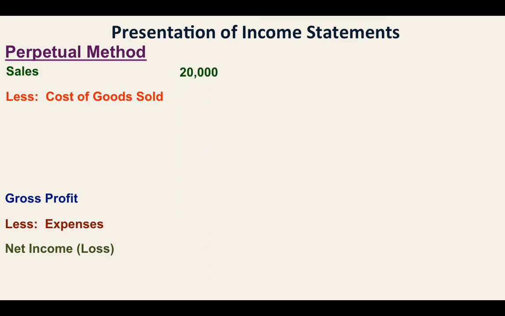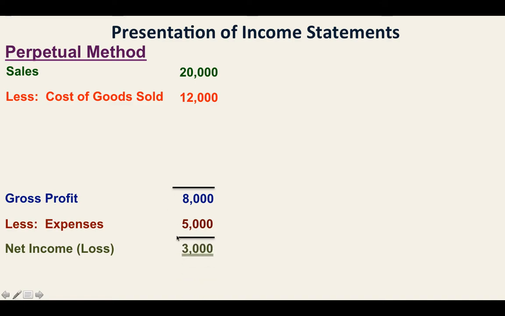Sales is 20,000, and because the cost of goods sold account is used in recording the items that were sold under perpetual method, it is available in your record. So we can plug in whatever cost of goods sold that you have in your record. So sales less cost of goods sold will give you your gross profit. Less the expenses will give you your net income or loss.